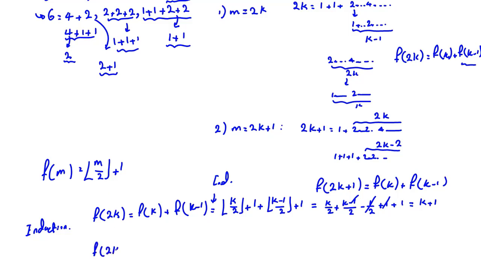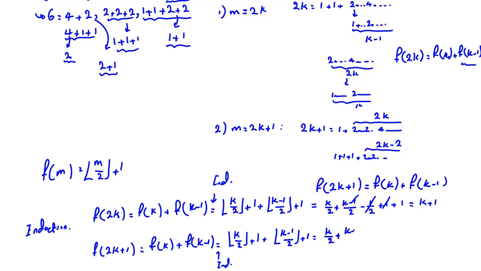Now, f of 2k plus 1 equals f of k plus f of k minus 1. And if we use induction, it will be floor of k over 2 plus 1 plus floor of k minus 1 over 2 plus 1, which is equal to, again, one of them odd, one of them even.